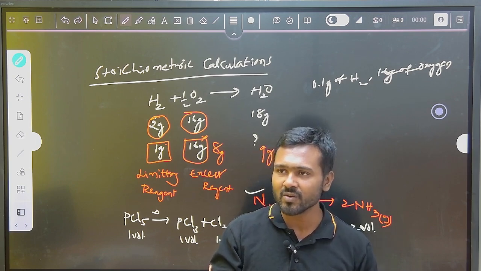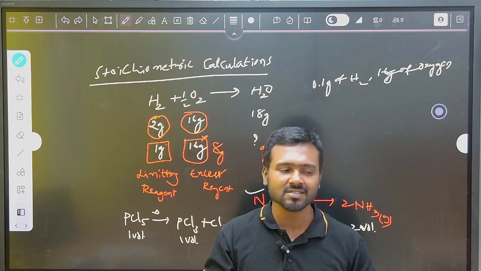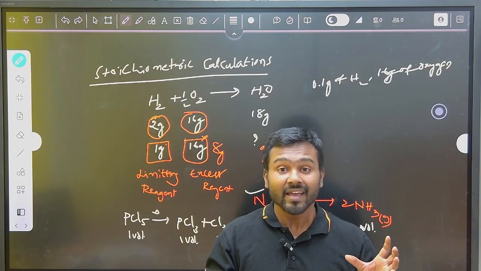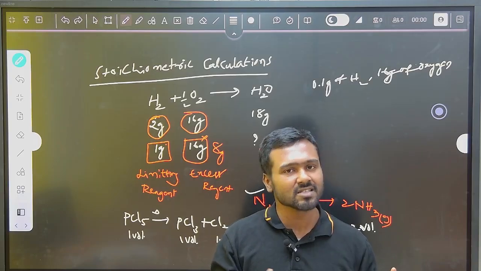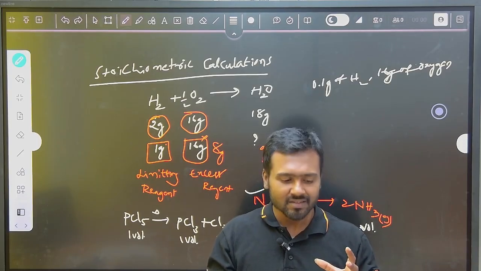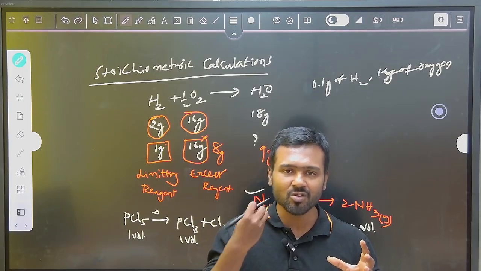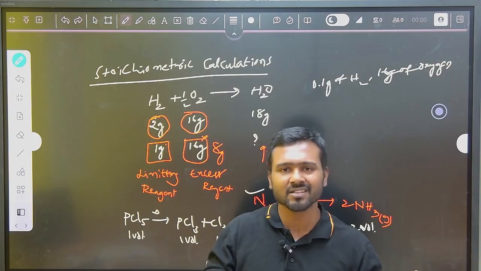Especially you will consider these in combustion reactions. If it is a complete combustion reaction, any hydrocarbon reacts in the presence of excess oxygen. They may mention excess amount, or they may not mention it; if they say it is a complete combustion, then always consider oxygen as the excess reagent there. No need to mention which is limiting and which is excess.